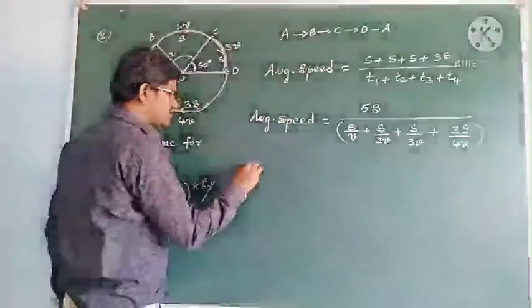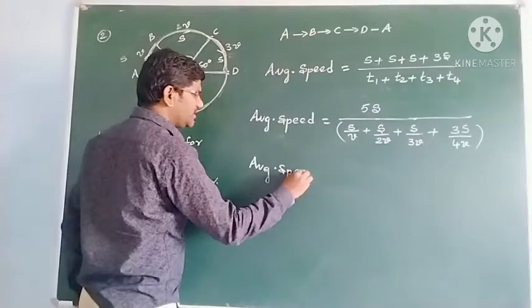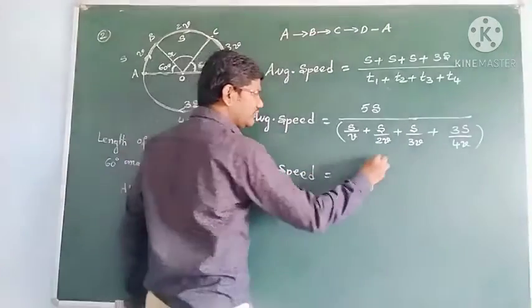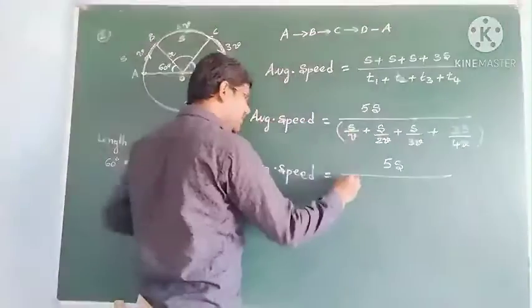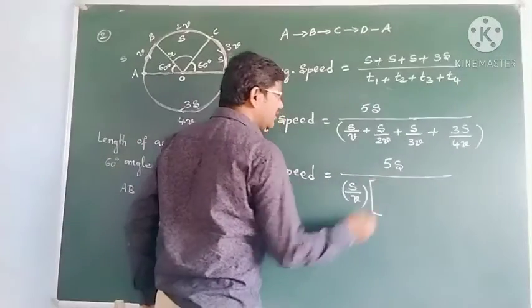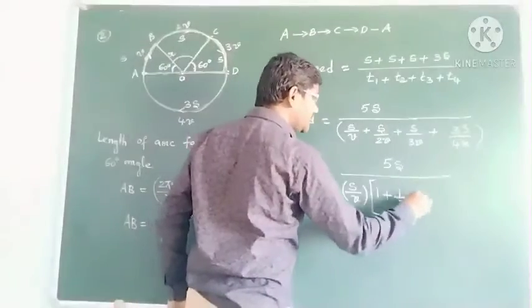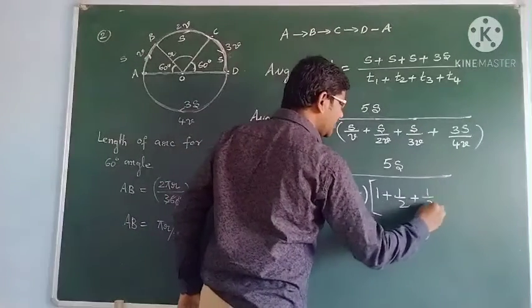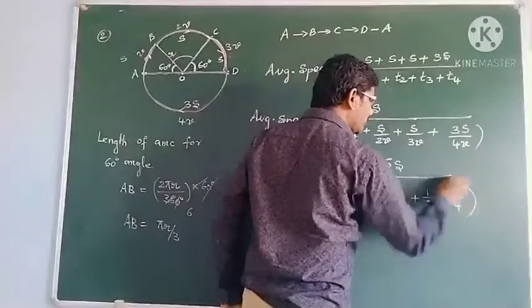So then average speed is equal to 5S by, you take S by V common. If you take S by V common, 1 is left here, S by V common, 1 by 2 is left, again S by V common, 1 by 3, S by V common, 3 by 4.